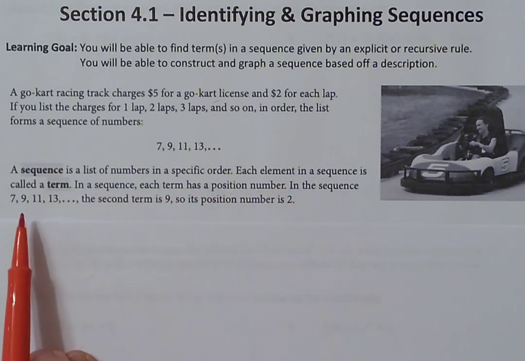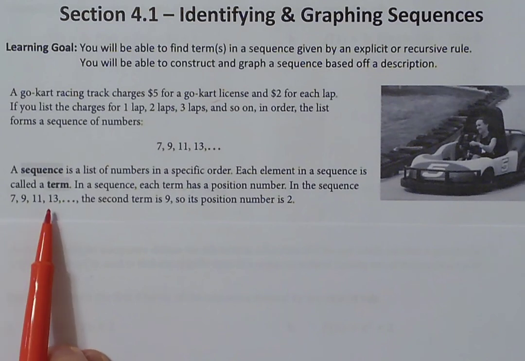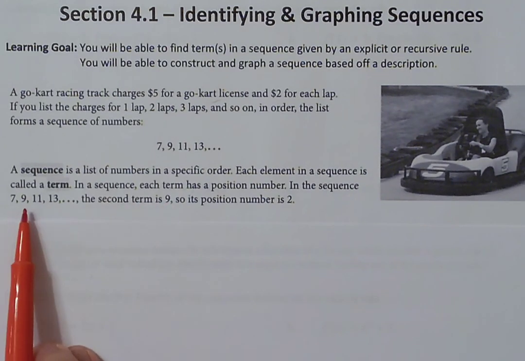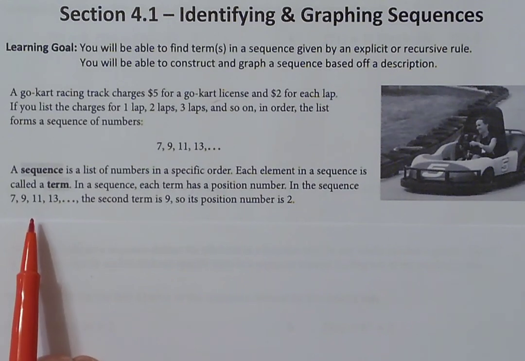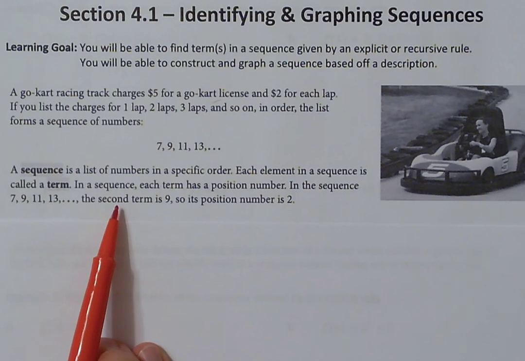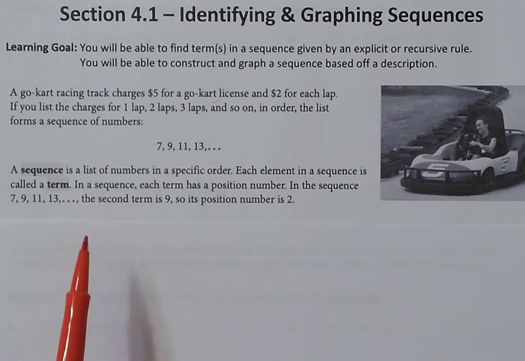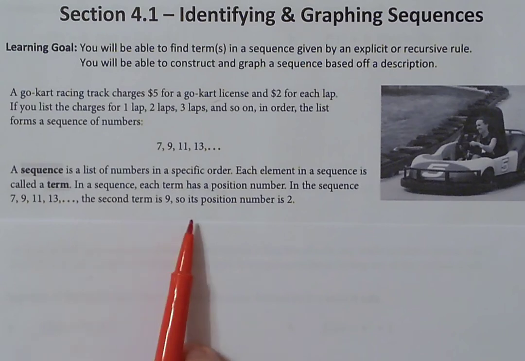In the sequence 7, 9, 11, 13, the second term is 9 because it's the second number in the sequence. So whenever you hear us talk about terms, in this module, we're talking about a number in the sequence. And when we tell you the specific term, we're talking about that number in the order. So its position number is 2.